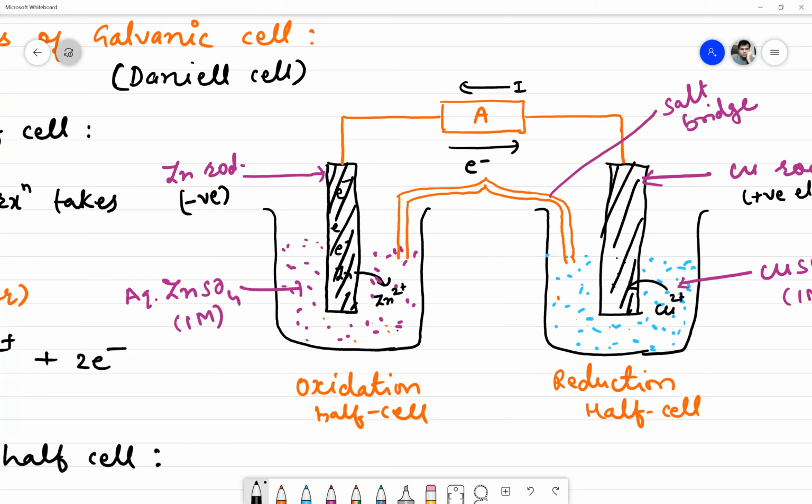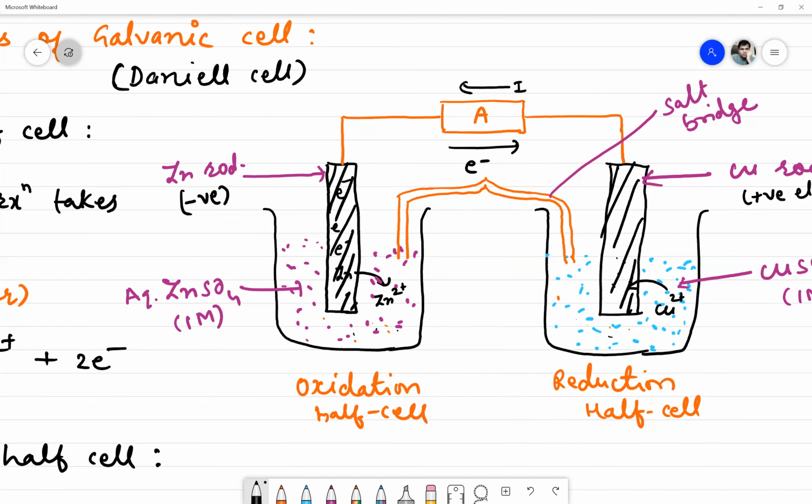Similarly, here there is an excess of negative charge, so to maintain electrical neutrality, some positive ions move from the salt bridge to this solution. That's how the salt bridge helps us maintain electrical neutrality in both half cells.